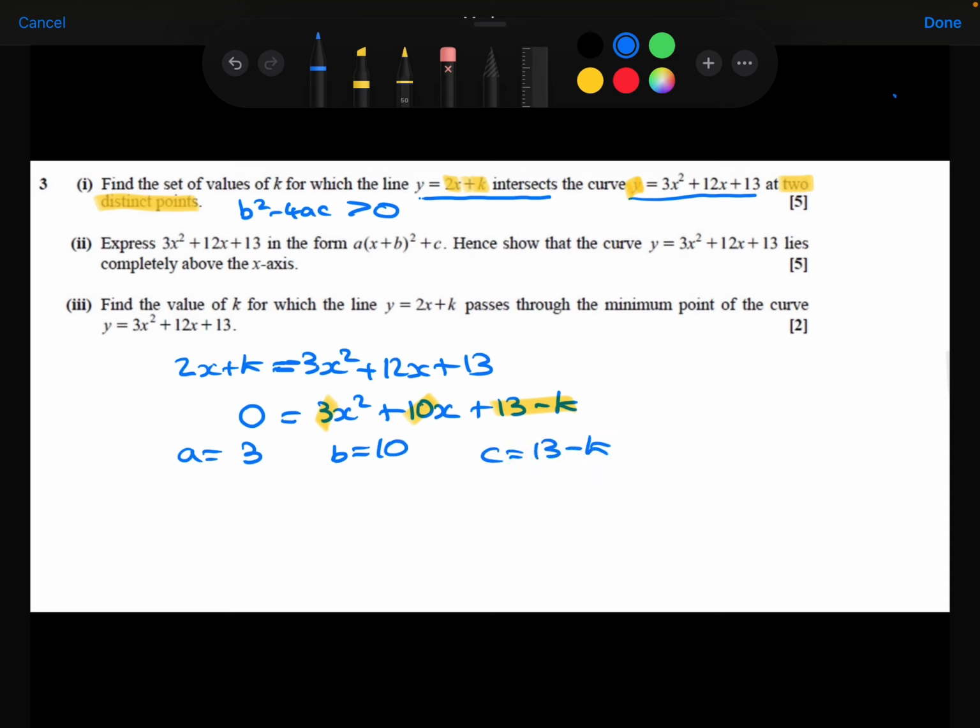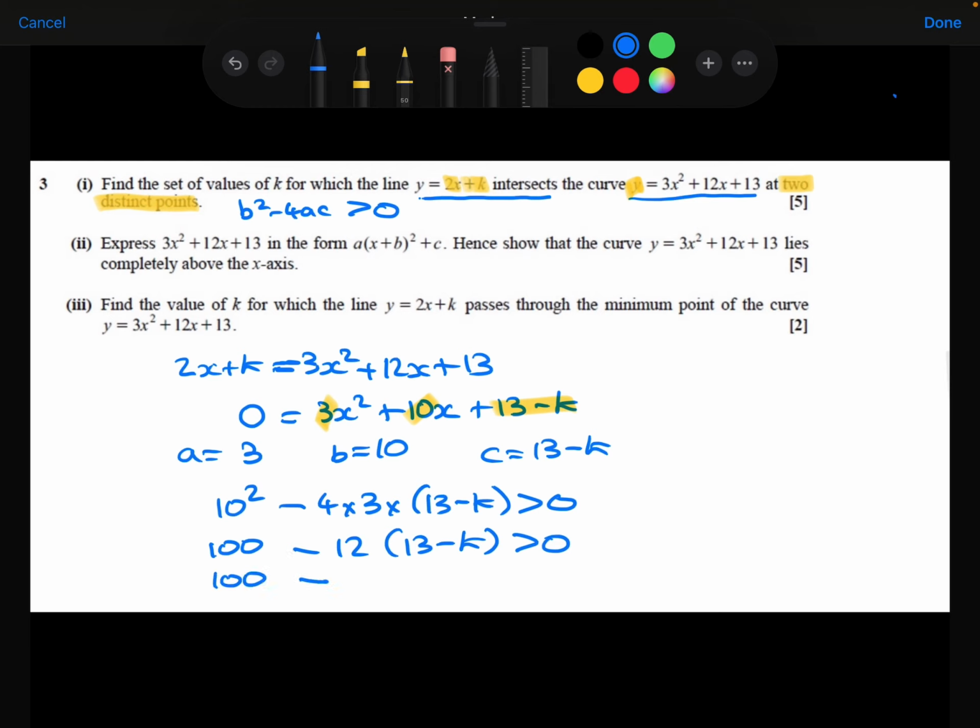Right, so let's substitute those into the discriminant. So b squared minus 4 times 3 times, use brackets here, 13 minus k, then that has to be greater than 0. 10 squared is 100, 4 times 3 is 12. Let's expand those brackets.